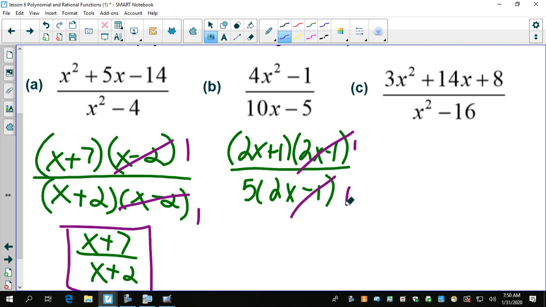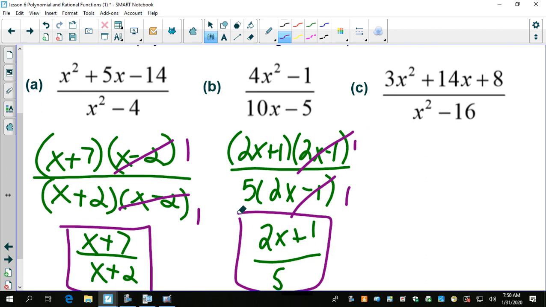Now notice I put little 1's there, because they are canceling to 1, not 0. And then what am I left with? Done. See, aren't these fun? So you cancel and you factor, that's it. If you don't know how to factor, you're not going to like this unit, but I'm sorry. It is what it is.